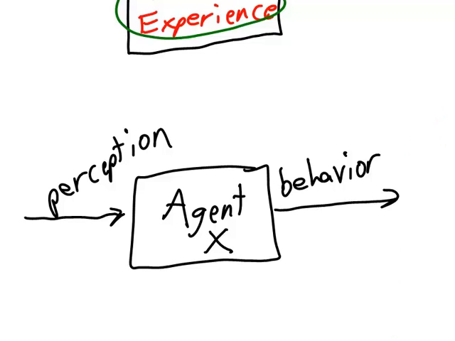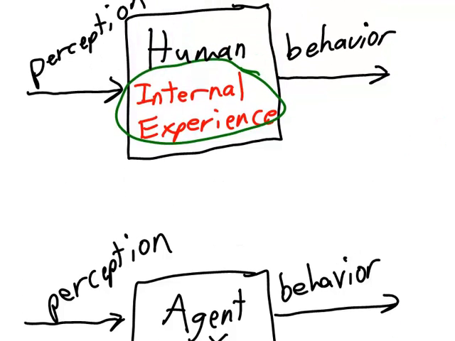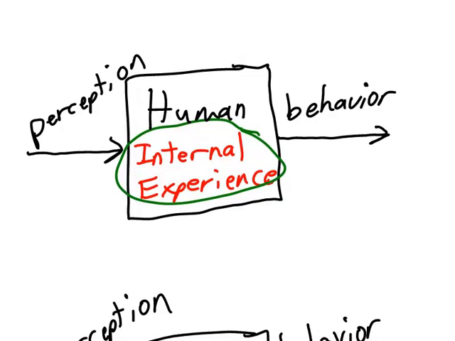In the case of a learning agent, what we want to do is create a model of how human beings convert perception into behavior when they learn a new concept. Note that this does not necessarily have to be a human. We could use an animal in this example also, if we want the agent to imitate the behavior of the animal.